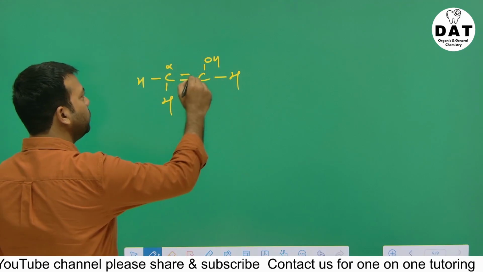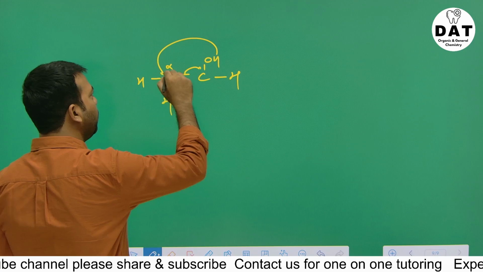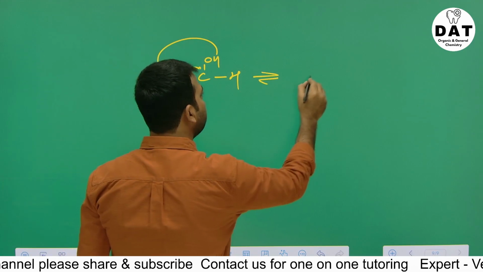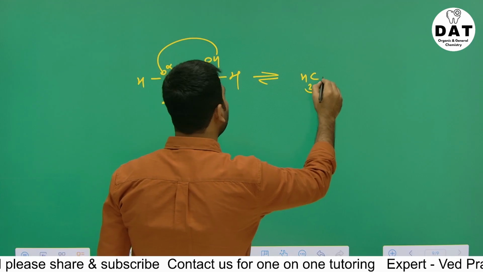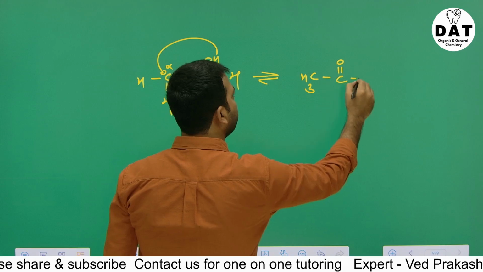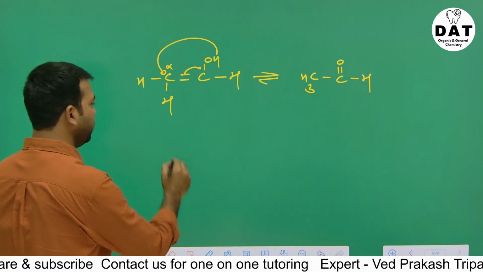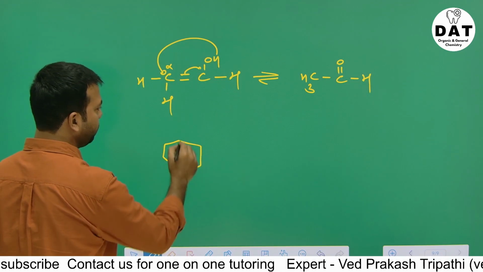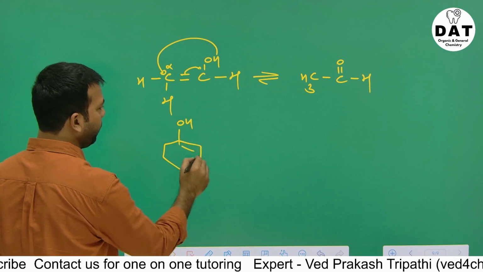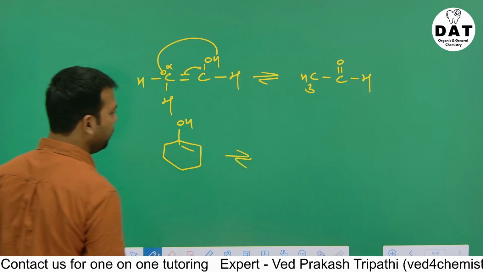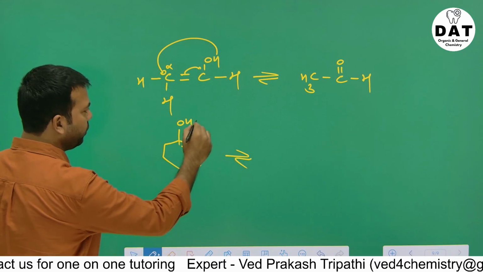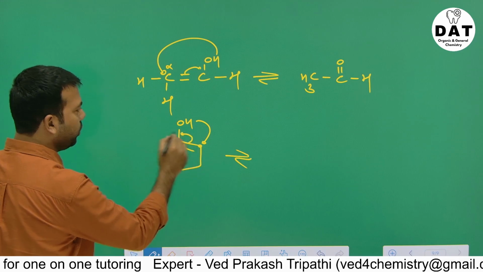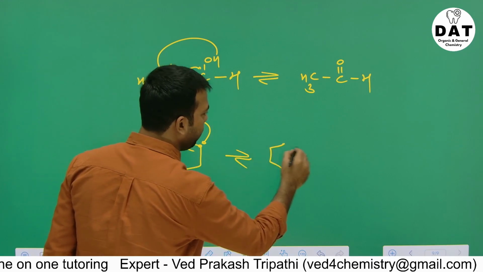So double bond here and hydrogen to the alpha carbon. So it will be CH3, C double bond O, CH3. Clear? Same here. This one is my alpha carbon. So hydrogen back to the alpha carbon, double bond on oxygen. So we have a ketone molecule.